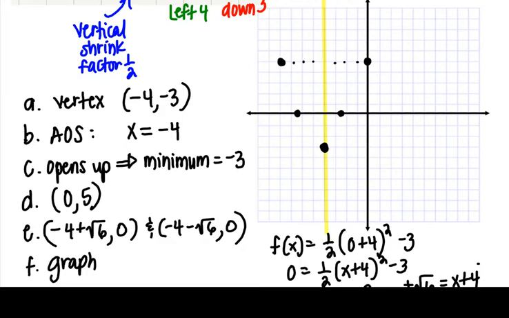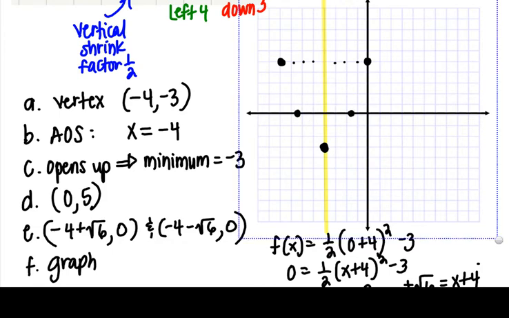Actually, it's going to be a little bit less than -2, because I'm going the other way. So I think it's going to be right about here. Let's see, 1, 2, a little bit more, 1, 2, a little bit more. Yes. Okay.